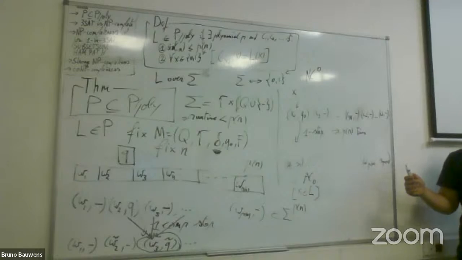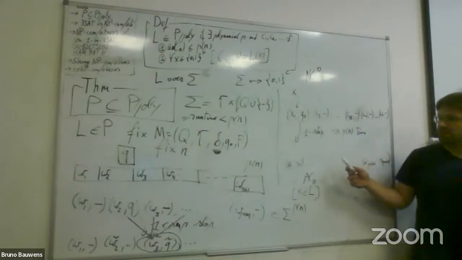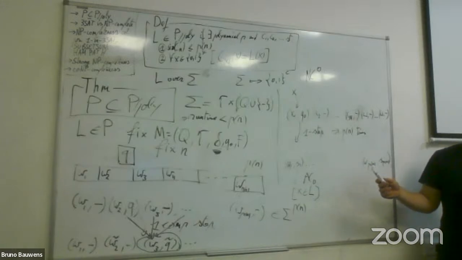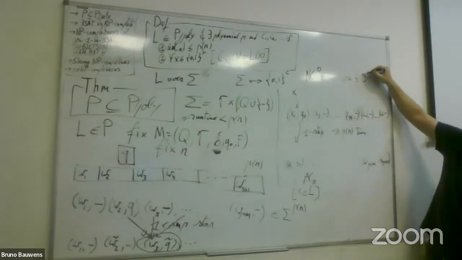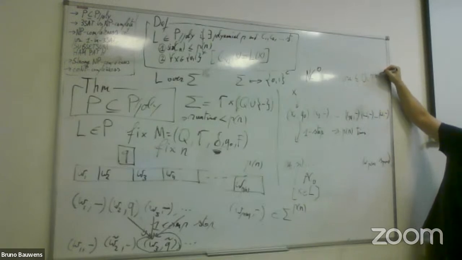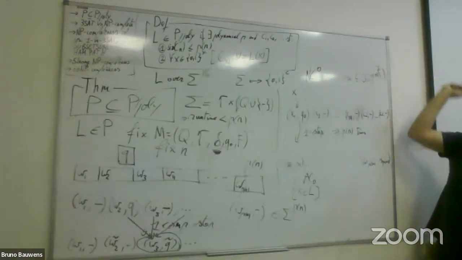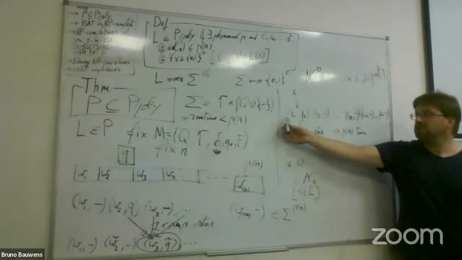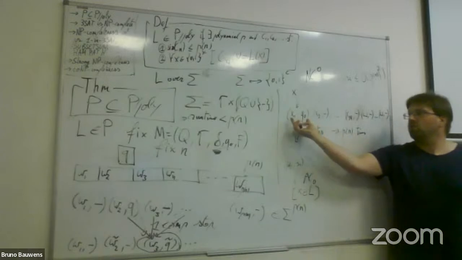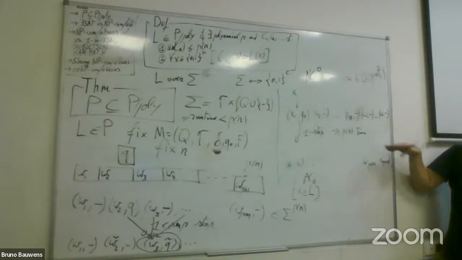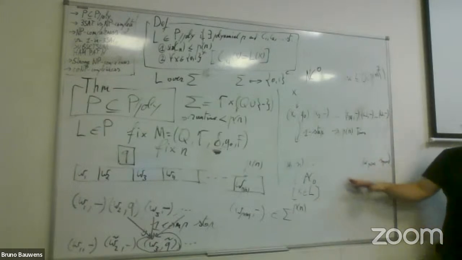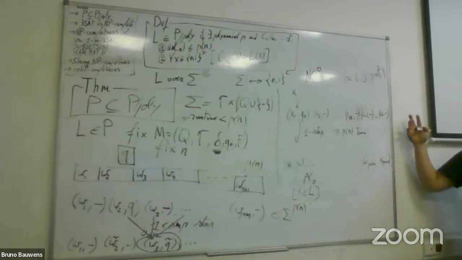So the number of gates will be bounded by order P of n squared. Because one step, each cell of one, the number of cells is P of n, and then we have to do it P of n times. And then the rest is smaller than P of n squared, assuming P of n is at least n.